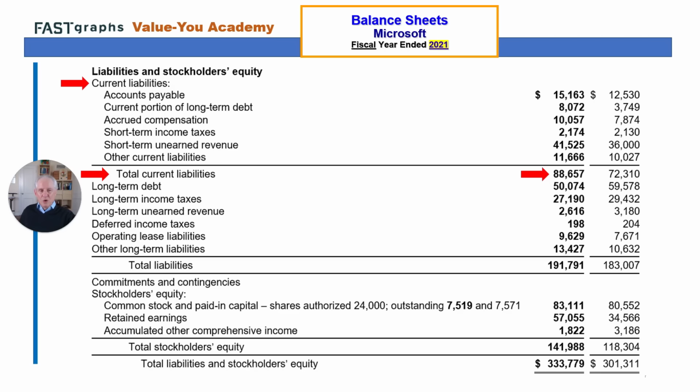Once again, you want to know about those numbers, look in the notes. Total liabilities, $191.8 billion. They got a lot of liabilities. The difference between assets and liabilities, remember, is equity. It's got to balance. That's why we call it a balance sheet.